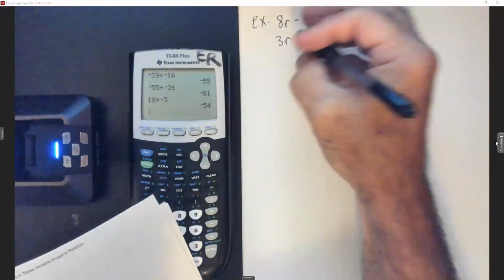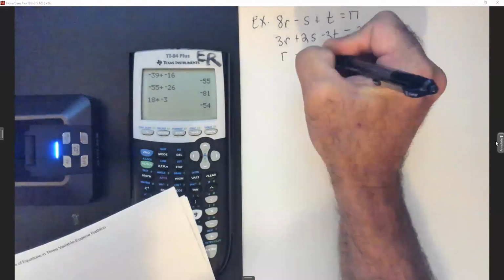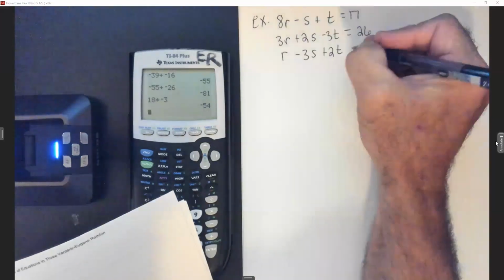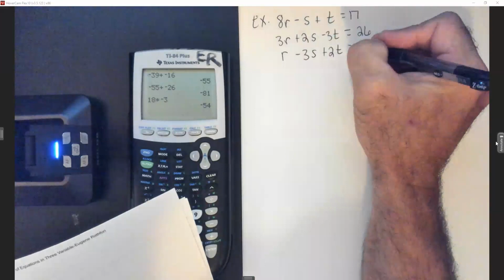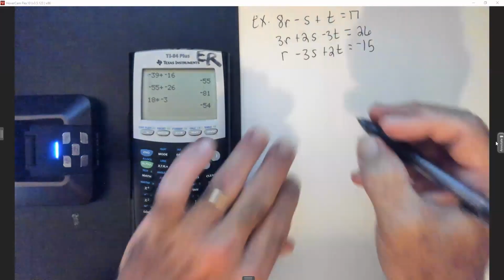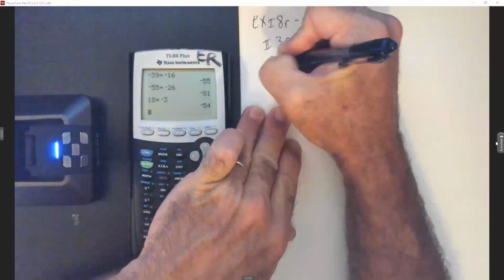Then we got r minus 3s plus 2t equals negative 15. So once again, that's 1, 2, and 3.